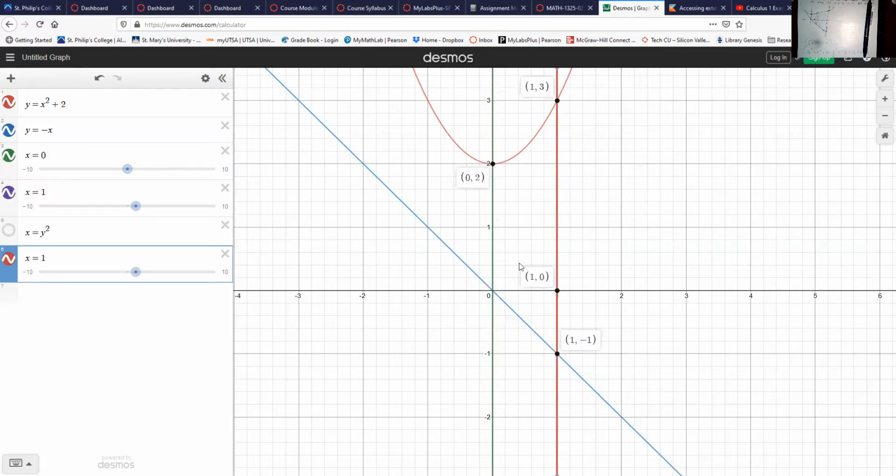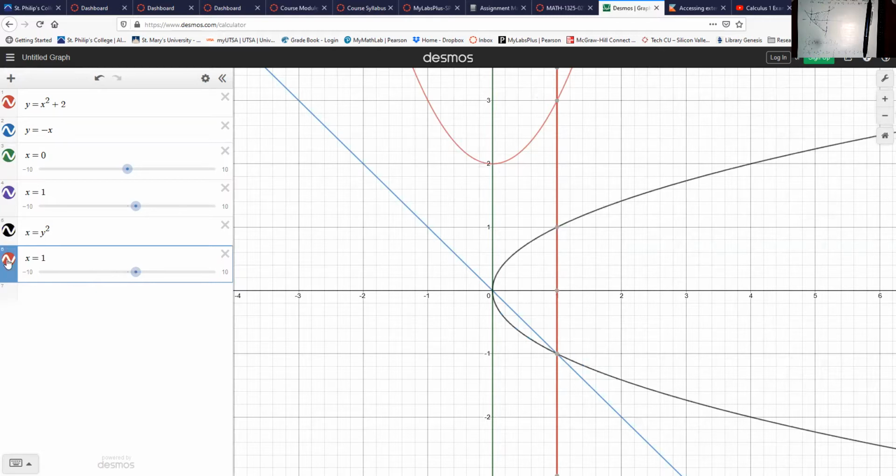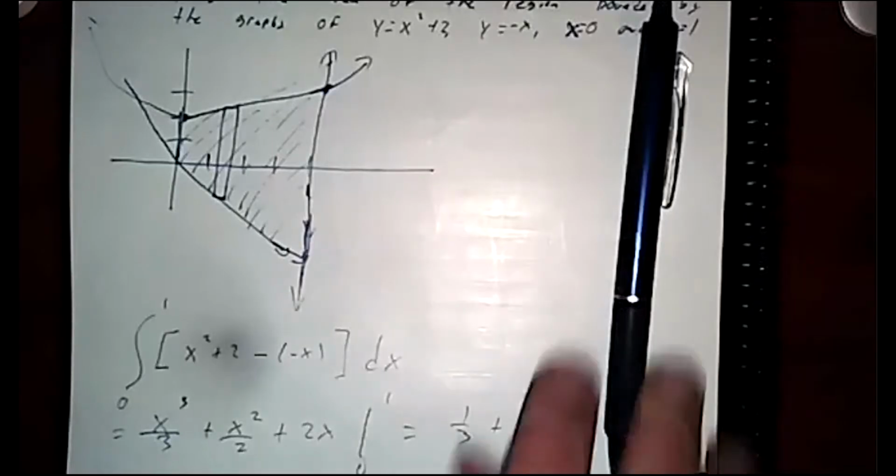So doing dy for this particular region would suck. Doing dx for this one, you just can't. This doesn't work. That's the idea that we're going to explore and try to hammer down right now. Does that make sense? We can do a couple of these.